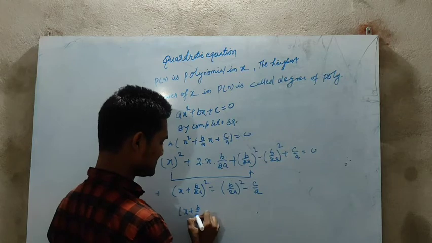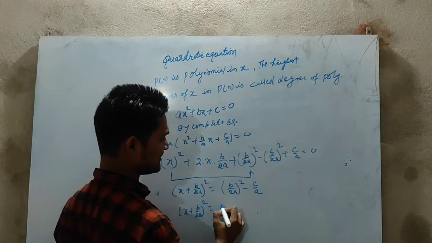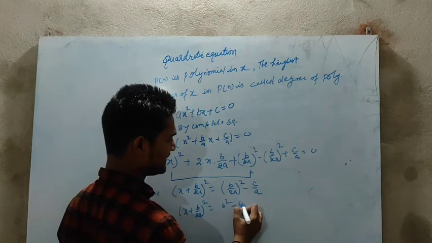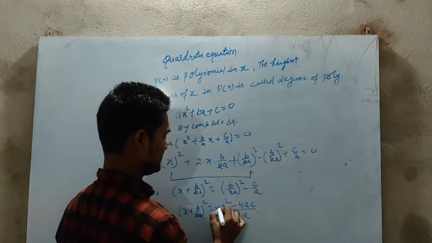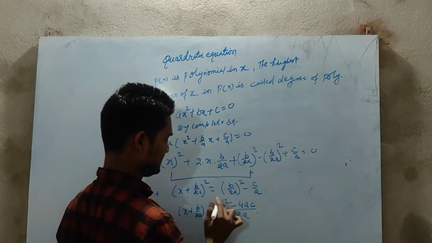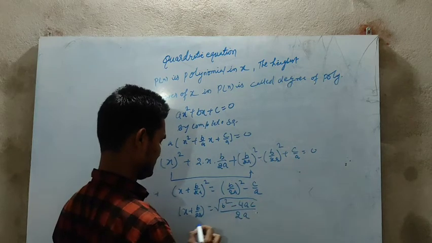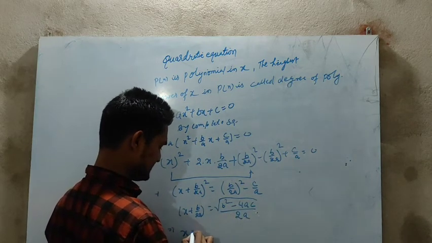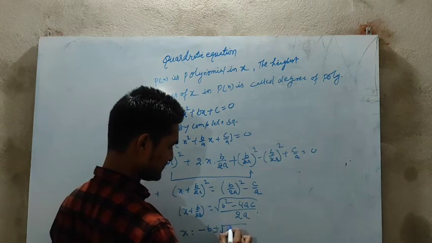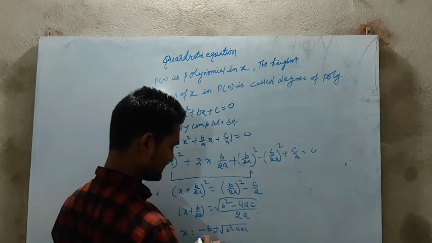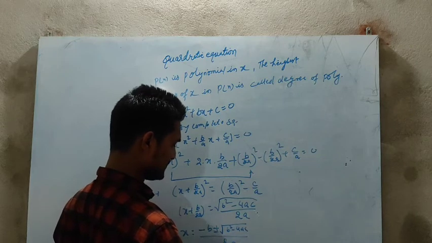Now (x + b/2a)^2 = (b^2 - 4ac)/(4a^2), where x = (-b ± √(b^2 - 4ac))/2a.